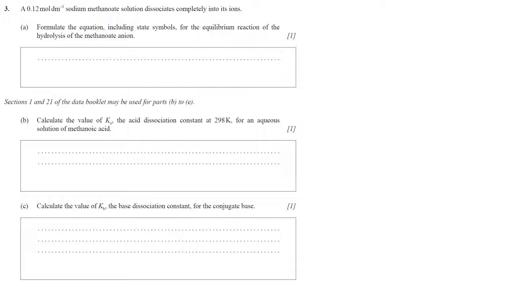So we have the methanoate, so we should start with the methanoate ions. What are the methanoate ions? It is HCOO negative. We don't have to forget the state symbols, because you are instructed to include them, plus H2O, which is of course liquid.